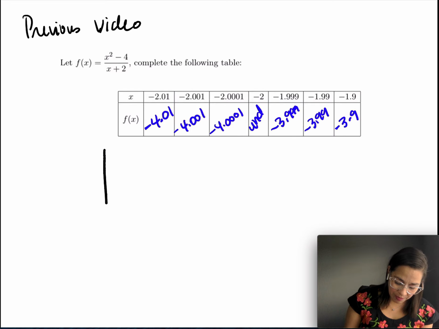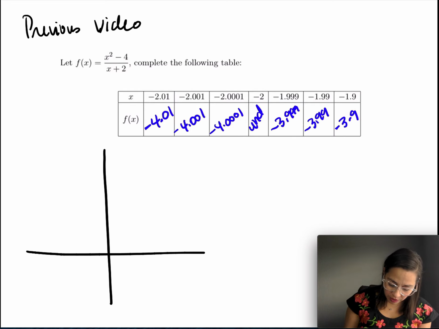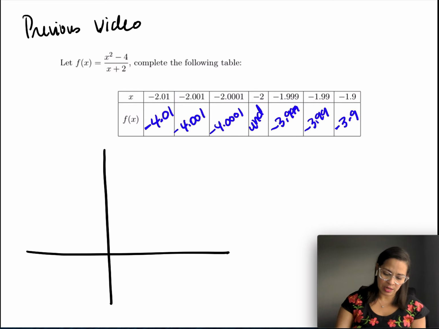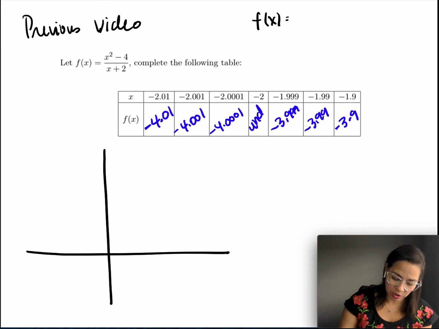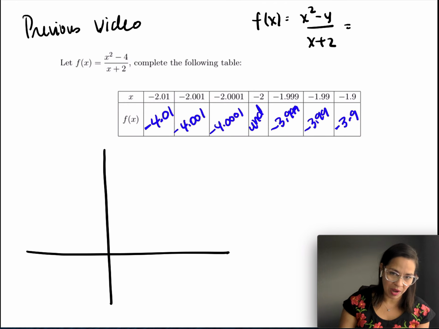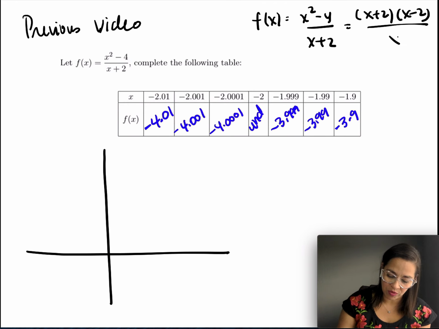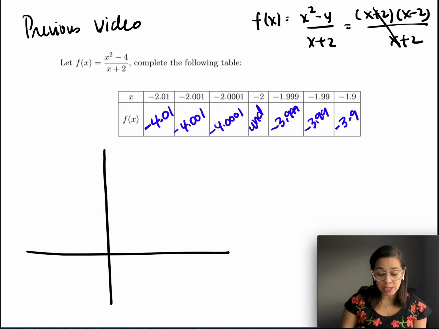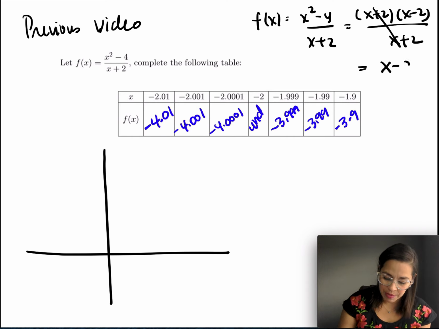As I said in my previous video, f of x equal to x squared minus 4 over x plus 2 is actually the same as x plus 2 times x minus 2 all over x plus 2. You can cancel x plus 2 and you get x minus 2.